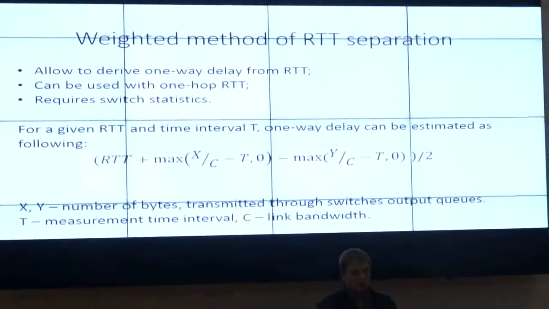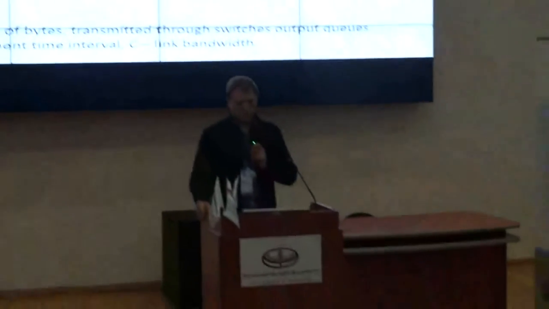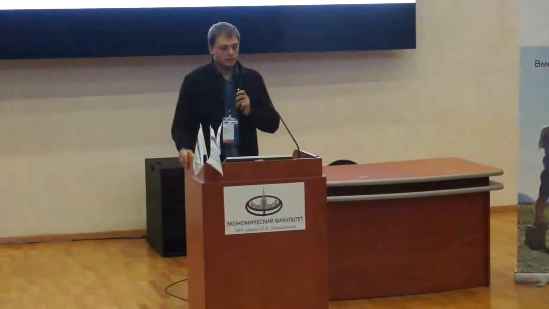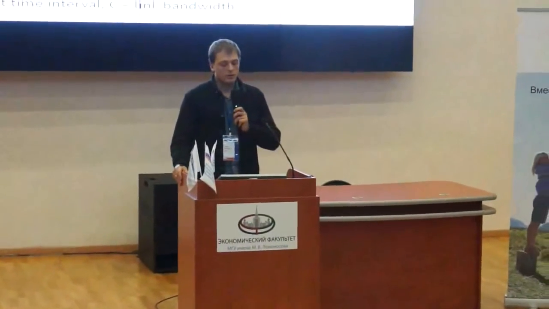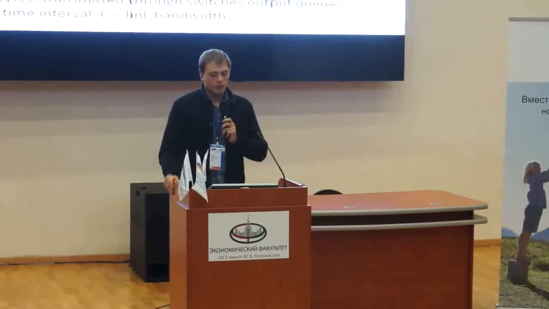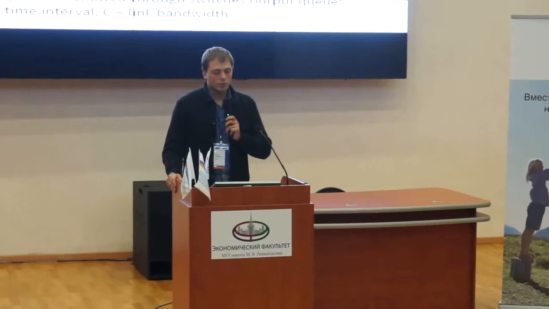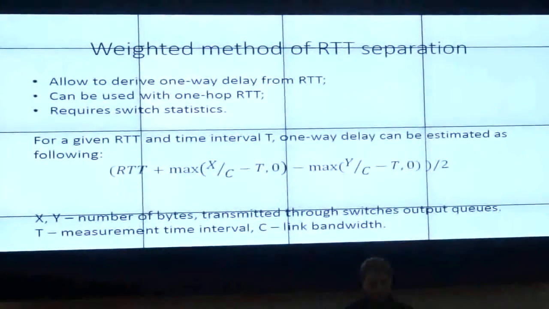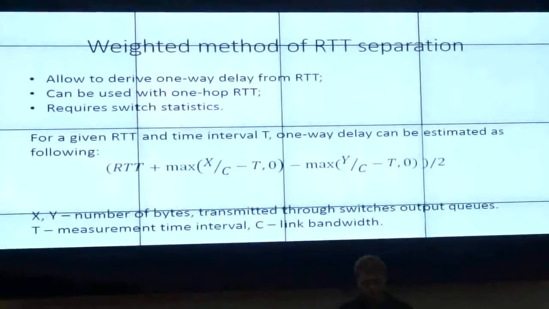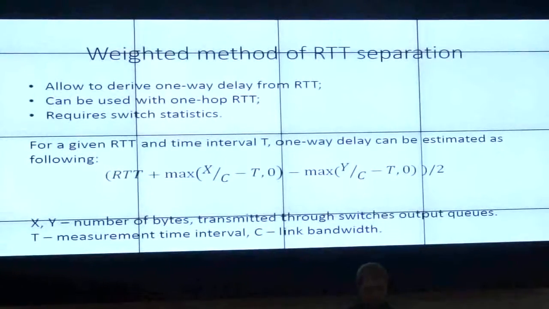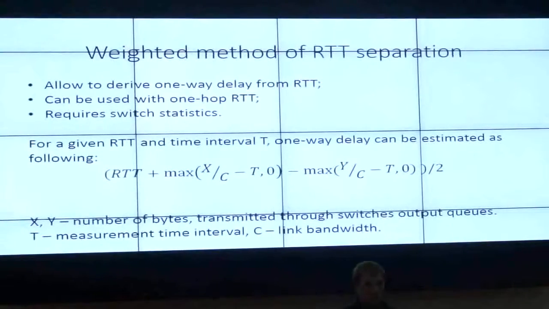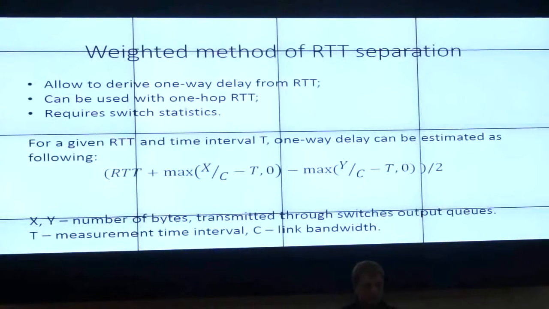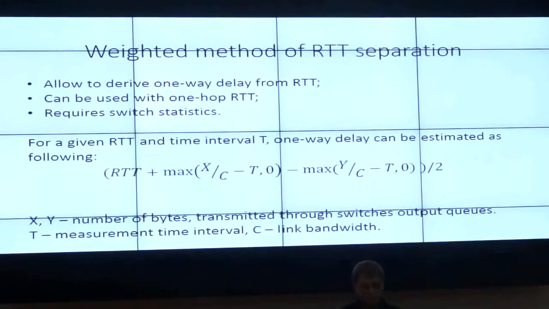Consider a pair of switches directly connected with a link with capacity C. Let the measurement be in time interval t, and let x and y be the numbers of bytes transmitted from the switches' output queues. Then you can estimate the one-way delay with the formula represented on the slide. This method generates a big controller load, represented by a big number of packet-in messages and switch statistics requests, which we need to obtain the number of bytes transmitted from the switches' output queues.